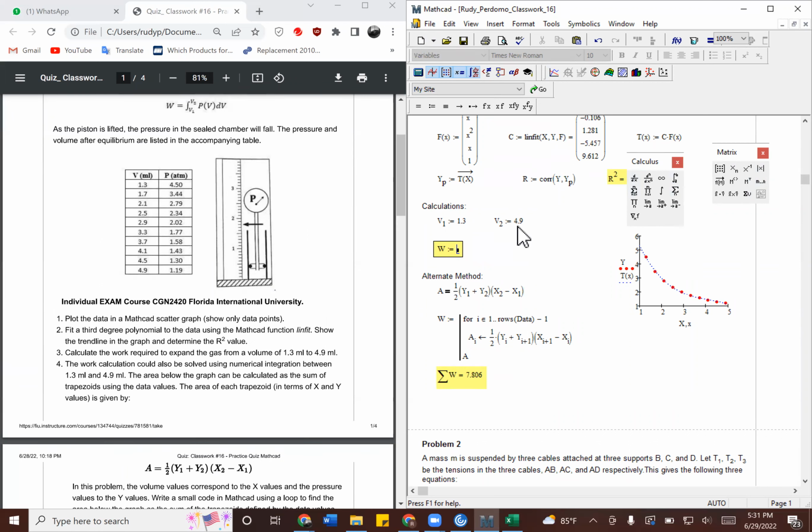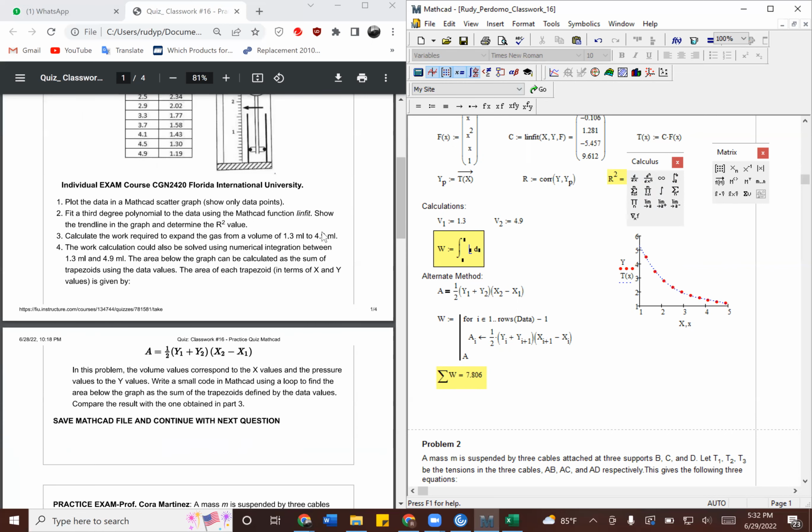So we have to define V1 first, and then define V2. 1.3. Where did you get V2 from? Between 1.3 and 4.9. Oh, okay, it says it, sorry.